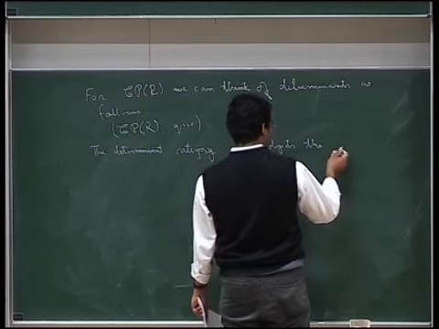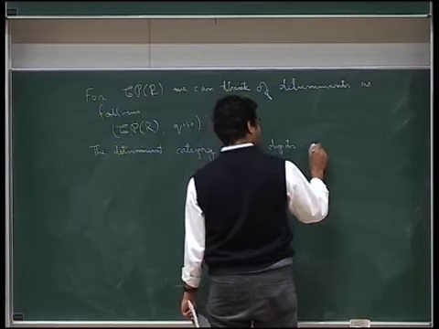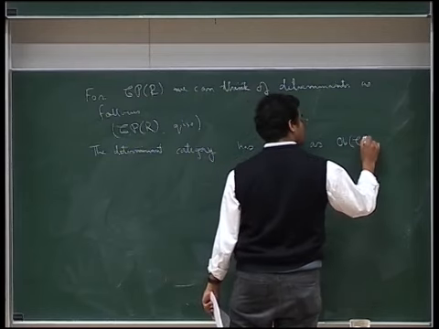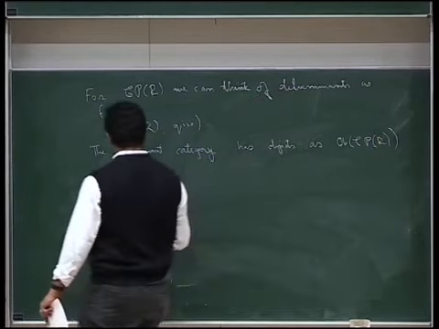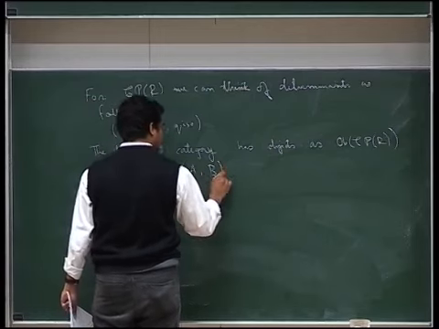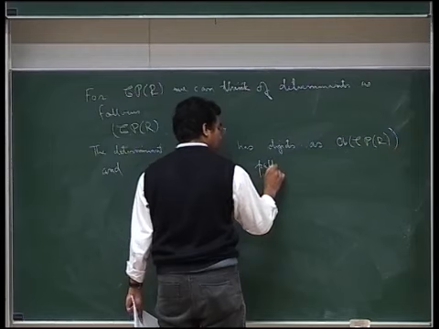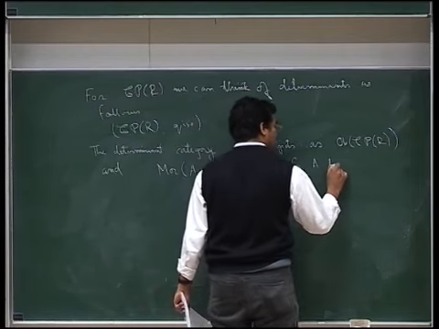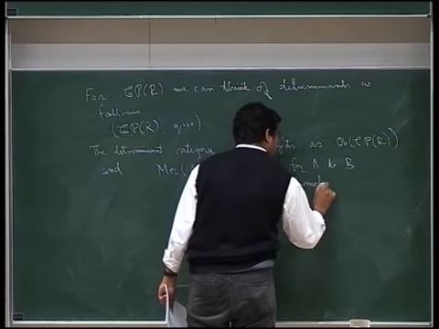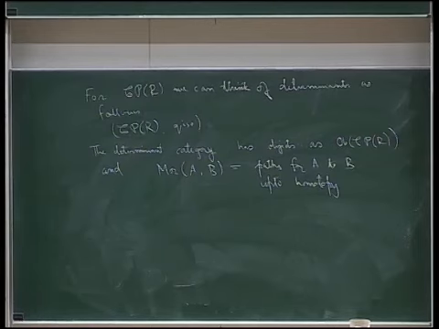Objects of this category are objects of C(R), and morphisms between any two objects A and B are paths from A to B up to homotopy.